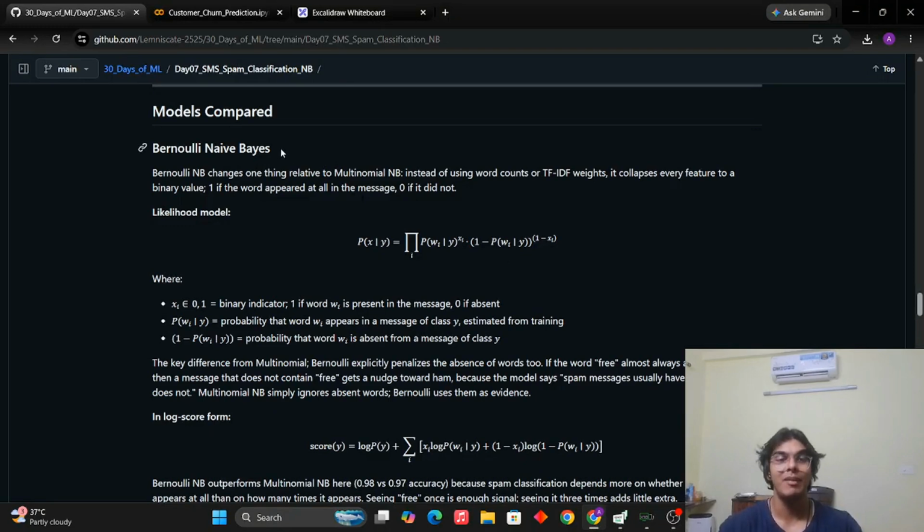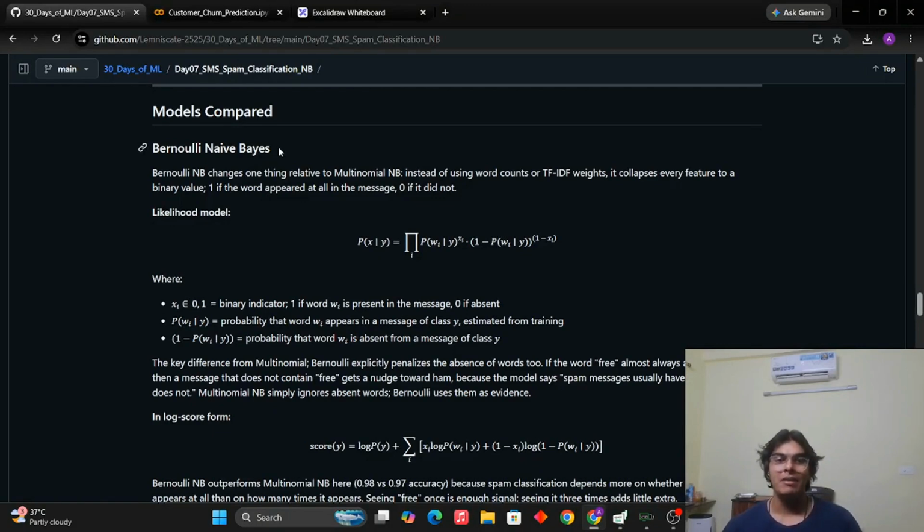Like I said, Bernoulli naive Bayes is also a close fit to this problem statement, but there are a few differences. Bernoulli naive Bayes is a very strict kind of classifier. It is a strict 0-1 classifier, which means that either the message is going to be spam or the message is going to be ham. It doesn't really go for values in the middle.